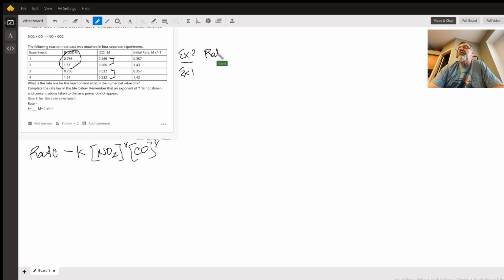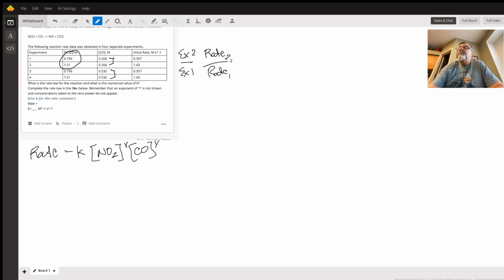I'm going to say the rate of reaction 2 over the rate of reaction 1 is going to be equal to, and I'm going to ignore k here at this point, and I'm going to ignore the carbon monoxide because it's constant.